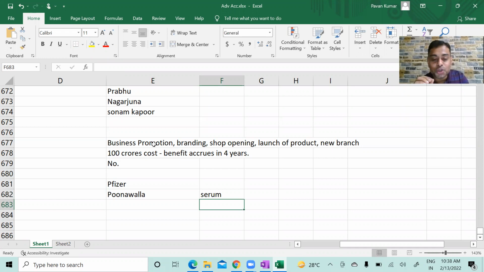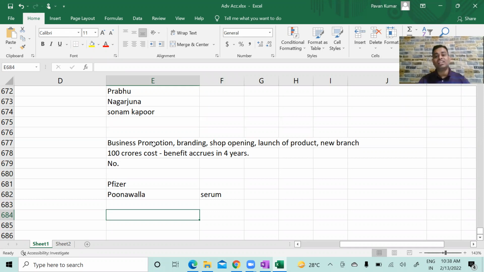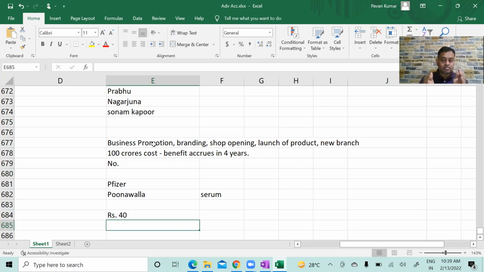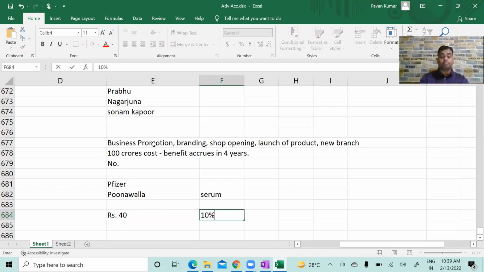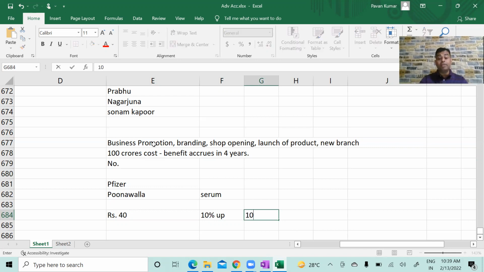Now I'll tell you one secret. You should not tell anyone, okay? Okay, sir. Promise. Pinky promise. Poonawala share was 40 rupees 2 years back. If I invest 1 lakh rupees at 40 rupees and it goes 10% up, I'll earn 10,000.